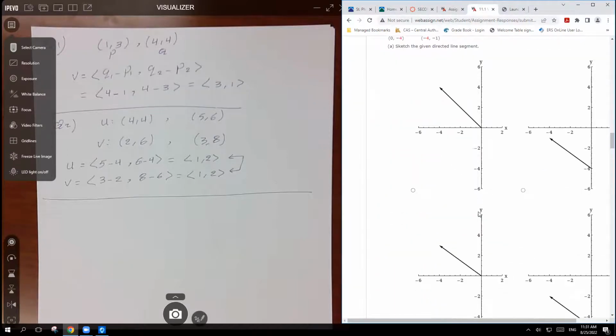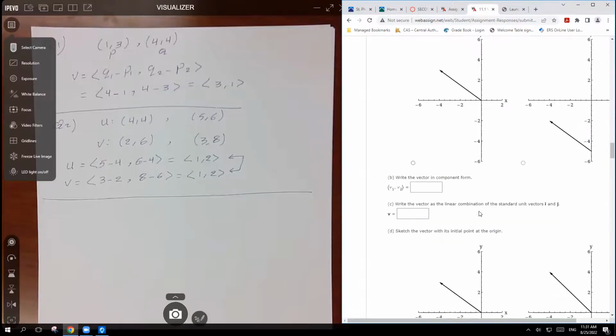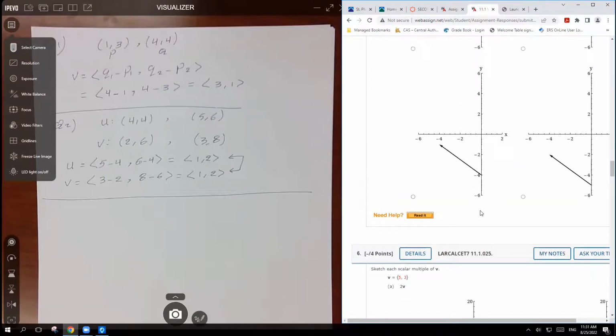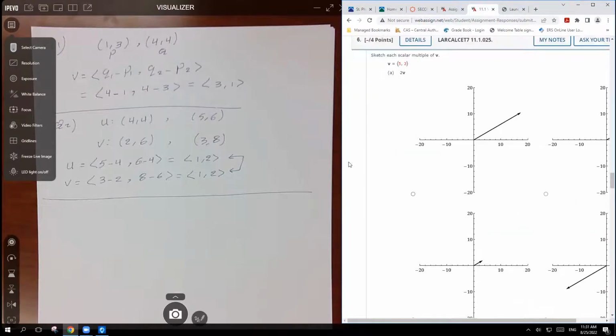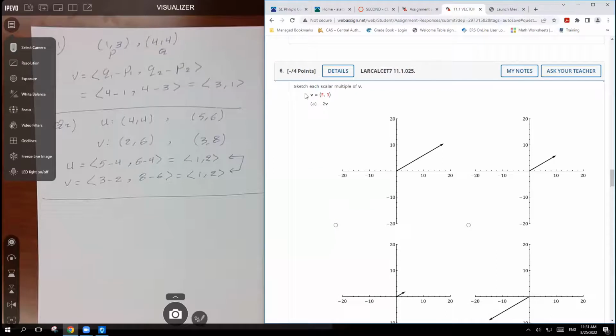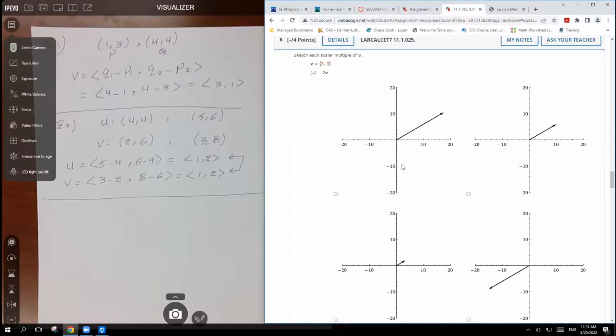The same thing with this one. Exactly the same thing. Trying to find if there's a different question. Here, let's do this one. Okay. Sketch each scalar multiple of V. So here is the V. Now V is what? Is V a line or a vector? V is a vector.